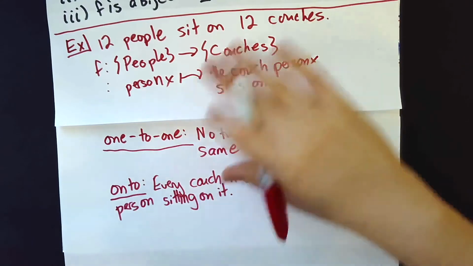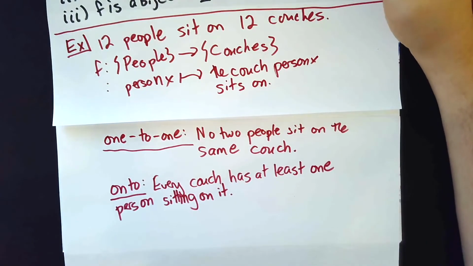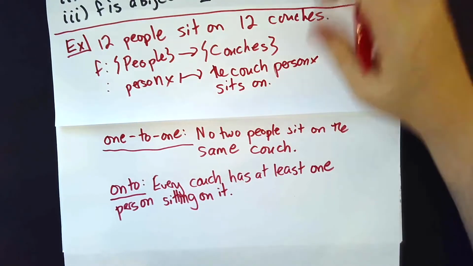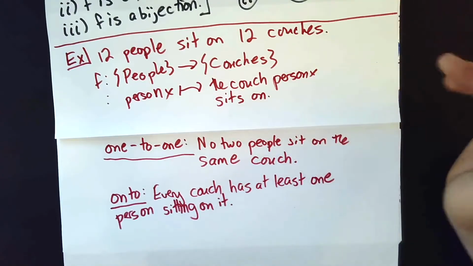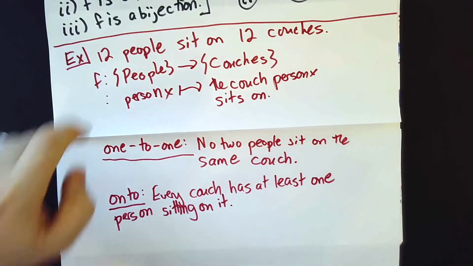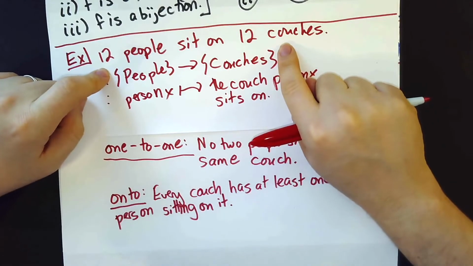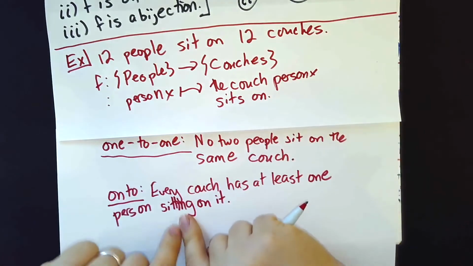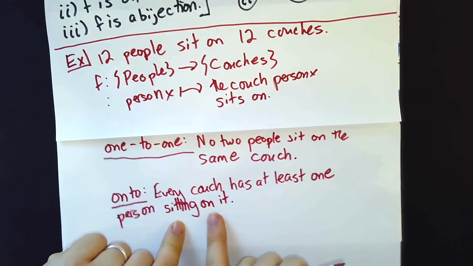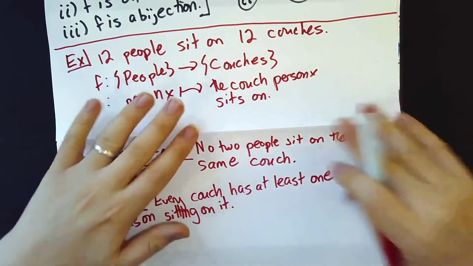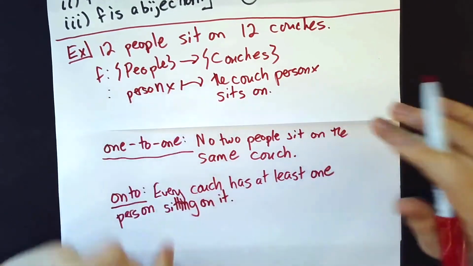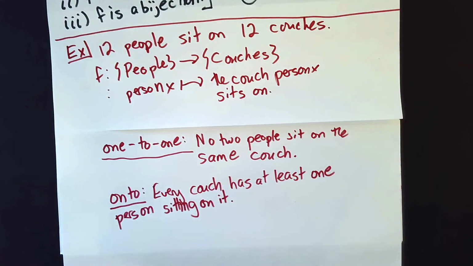So what is this theorem, the Pigeonhole Principle Part 4, what is it saying? Well, it is the observation that in the instance that we have 12 people and 12 couches, if someone is sitting on every couch, then no two people can be on the same couch. Because if two people are on the same couch, then really they could occupy at most 11 couches.